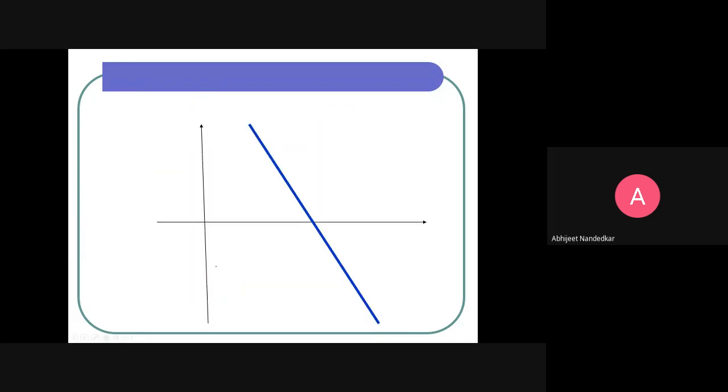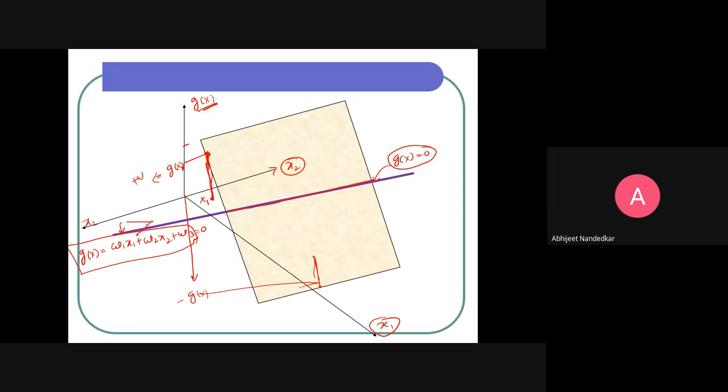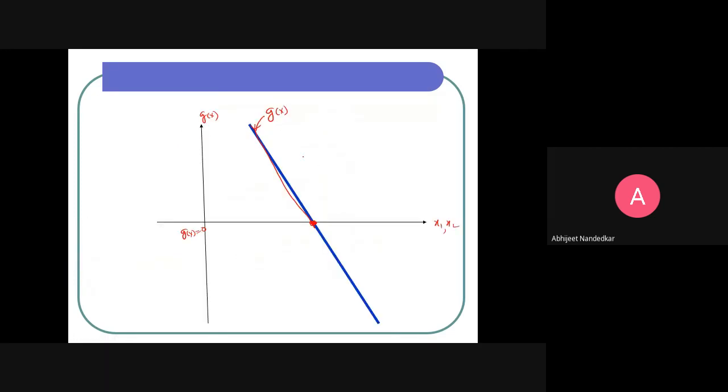So if you look from the side, this is your g of x plane, and you can see these are the x1, x2 axes from the side. So this g of x plane has three parts. This is where g of x is equal to 0, so this is where this line is actually located. I am looking towards this line from this part. I hope you can imagine that.